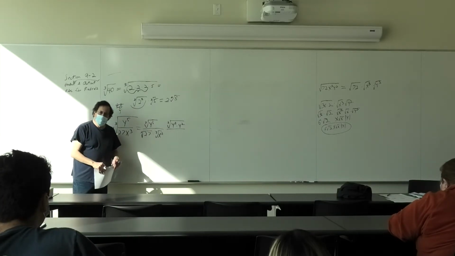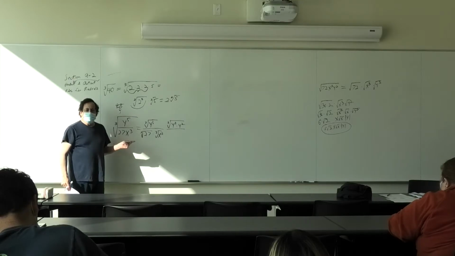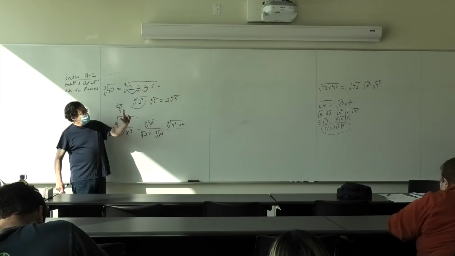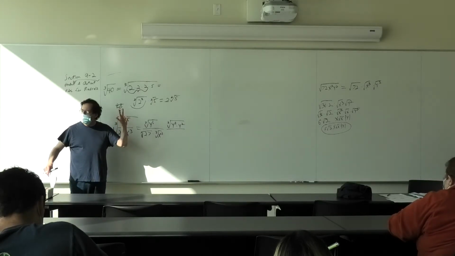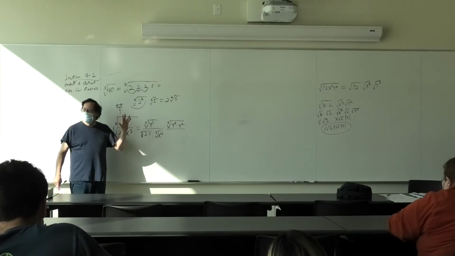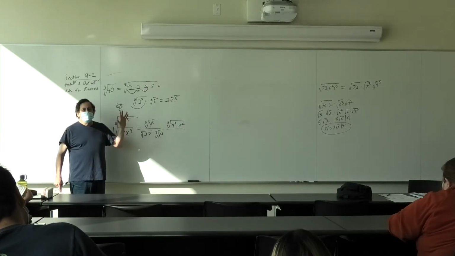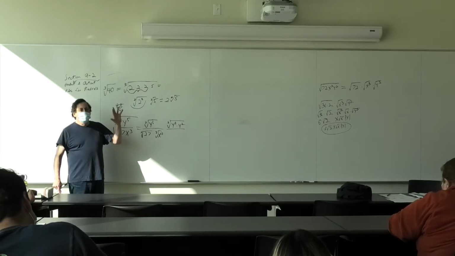Anyone know what cube root of 27 is? Okay, again, you know your cubes. 1 cubed is 1, 2 cubed is 8, 3 cubed is 27, 4 cubed is, you know this one? 16 times 4 is 64. 5 cubed?